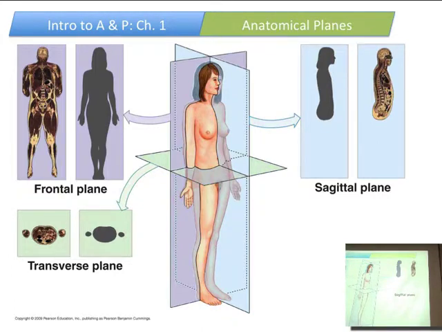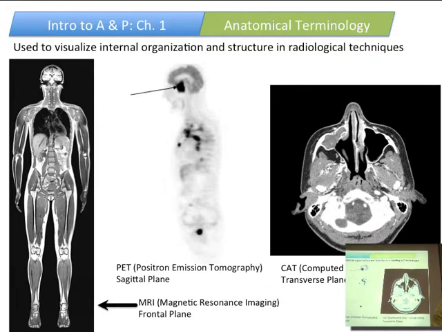Transverse plane separates a person from superior to inferior, running through the posterior to anterior and medial to lateral dimensions. Okay? All right, so these planes are important because diagnostically, when we are trying to visualize the body, radiology is huge, right?